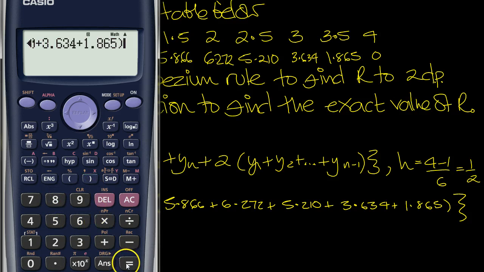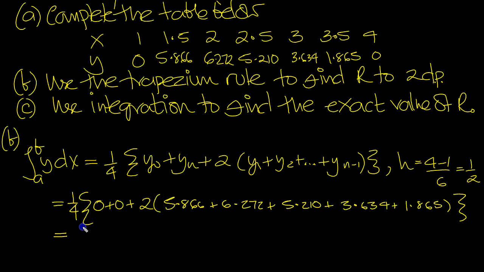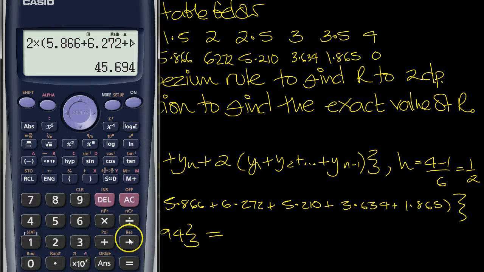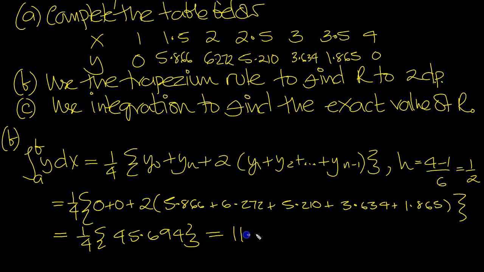Close the bracket. This is the 2 times number, 45.694. So it's a quarter of 45.694. So divide this in the calculator then by 4. 11.42 to 2 dp, isn't it? 11.42. And that was to 2 decimal places.